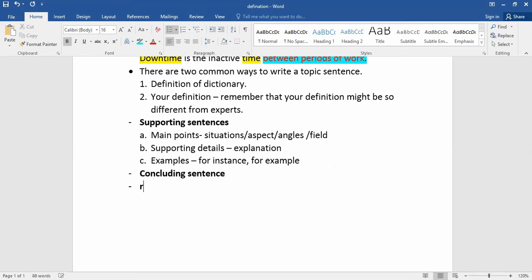So it is better to say the restatement of the topic sentence with different words.